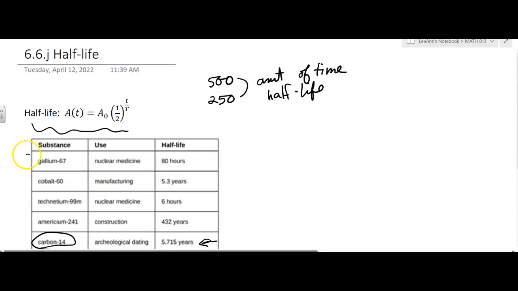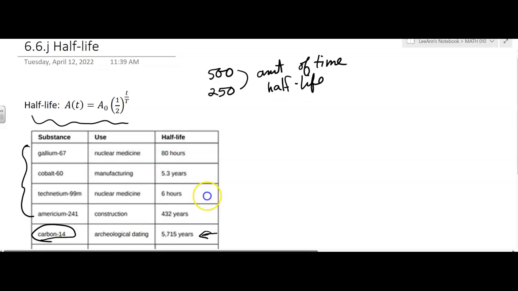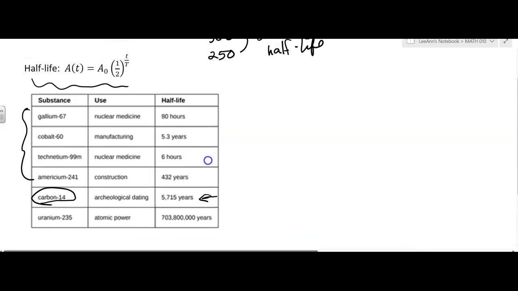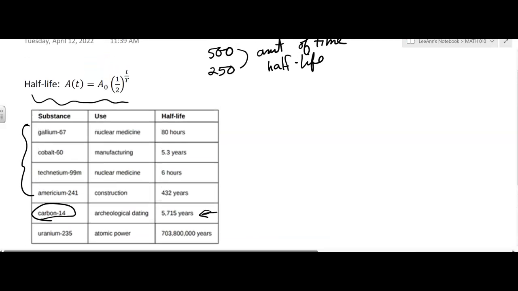Then these other substances I'm not as familiar with: cobalt-60, gallium-67, and uranium-235. That has a really long half-life. Some have a quick half-life, like this one is only 80 hours, but most of them are in years here.